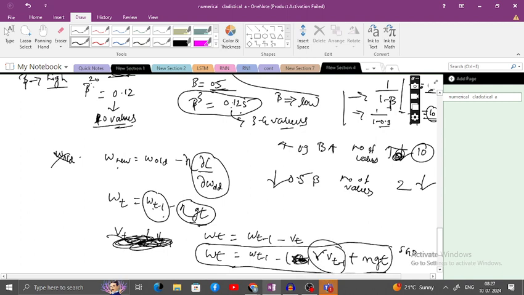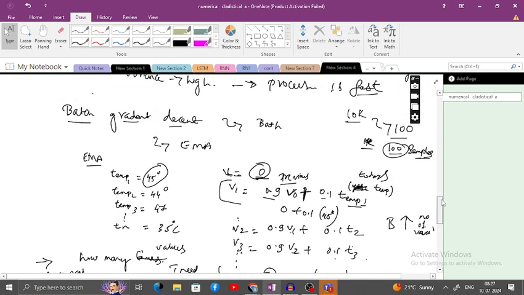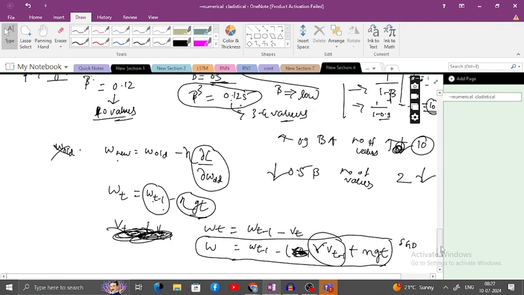Gamma into V t minus 1, that is what I told you here, this V. This exponential moving average gets added into learning. This beta is different. Here it is gamma into V of t minus 1. This gamma is not the learning rate. This term will give you the momentum.